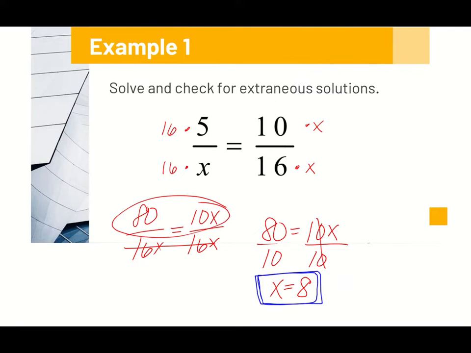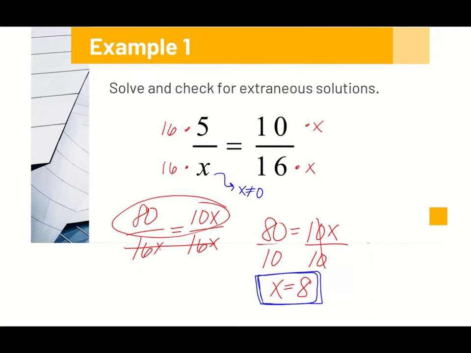And if we have x, we know that x cannot be 0. So as long as x is not 0, then we're good. It's not an extraneous solution. As long as it's not one of the domain restrictions, it is in fact an actual solution. And you can see that when you plug in x equals 8, it doesn't give you 0 in the denominator, so it works. So 8 is our solution.